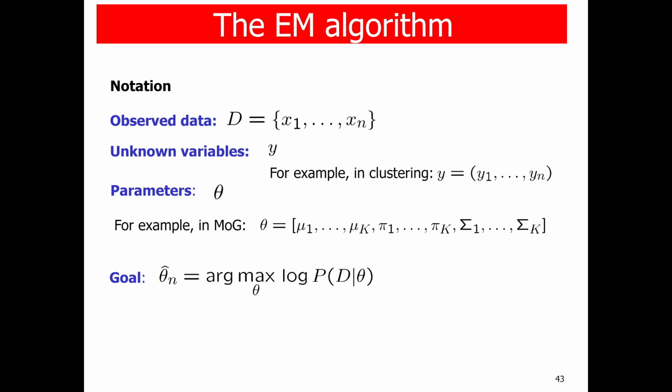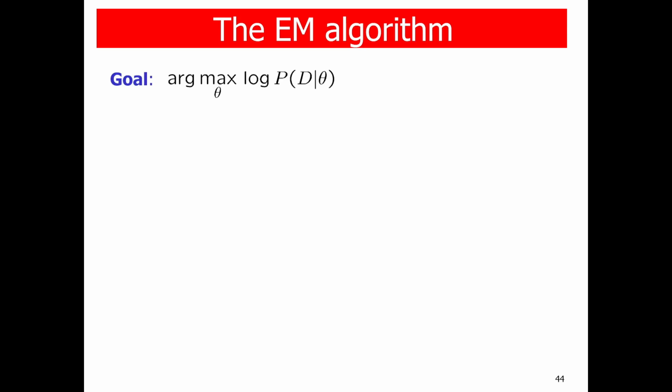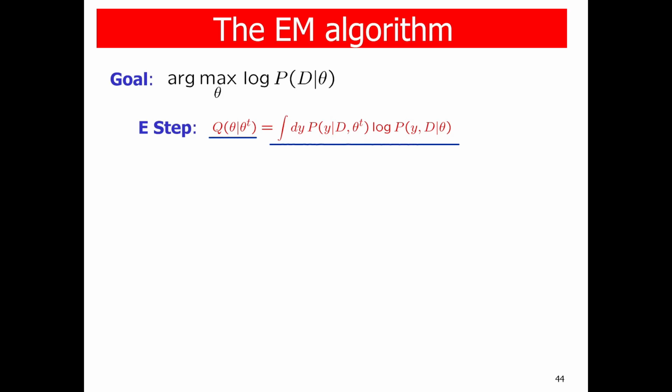The goal of the maximum likelihood estimation is to find that parameter theta that can maximize the log likelihood function, that is the log of the probability of the data given all the parameters theta. We will try to increase the log likelihood function with the expectation maximization method. It has two steps. In the E step, we create this function Q. It is a conditional expectation given in this integral form.